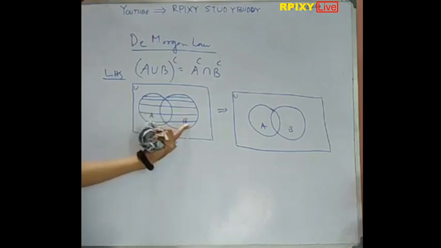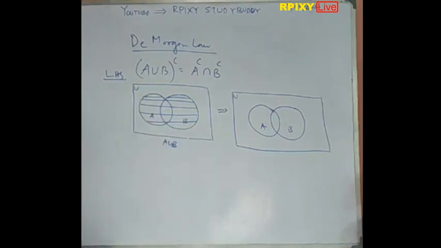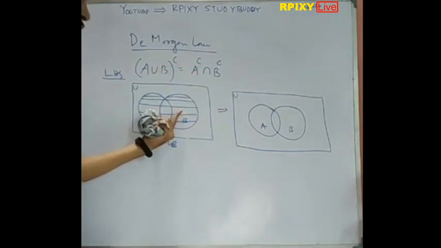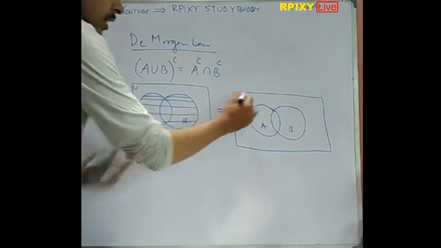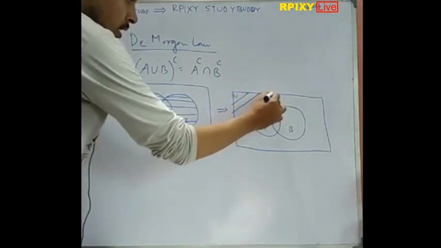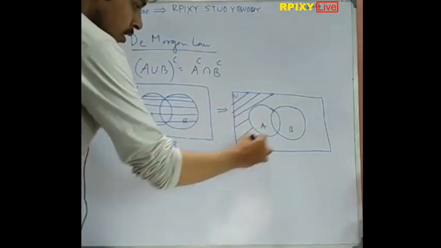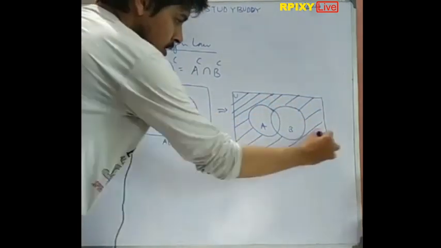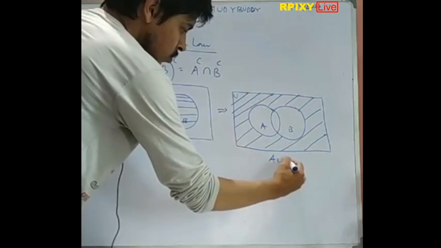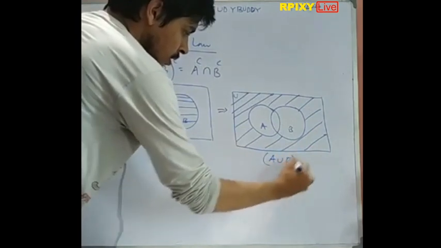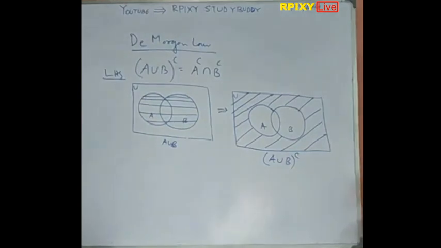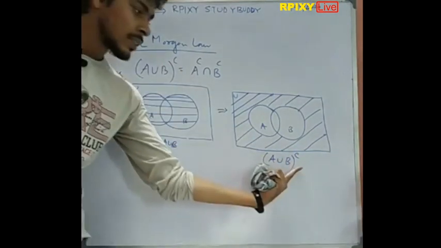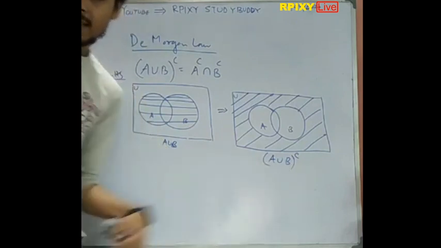Subtract A union B from the universal set. If you remove this part from the universal set, what will be the region? This is the region which is A union B complement. So finally, that region is the left hand side.